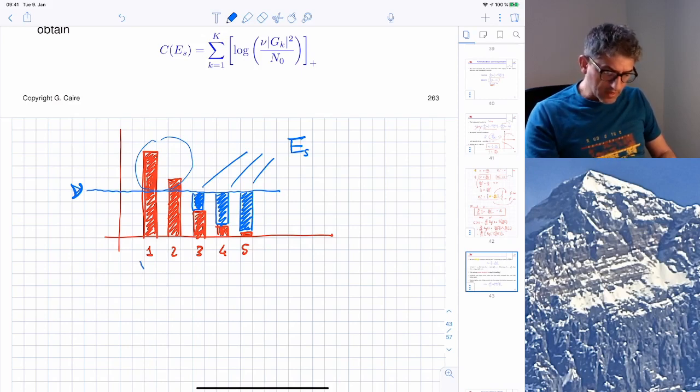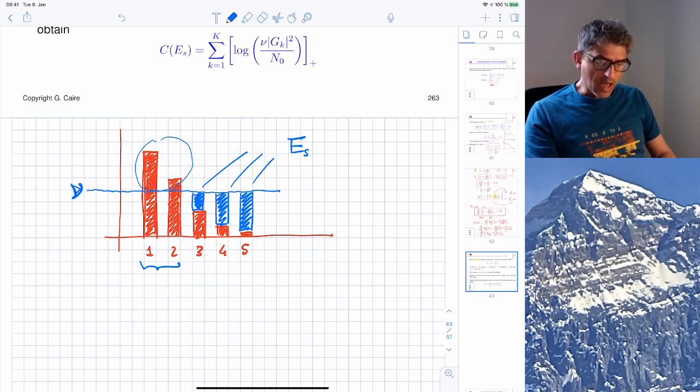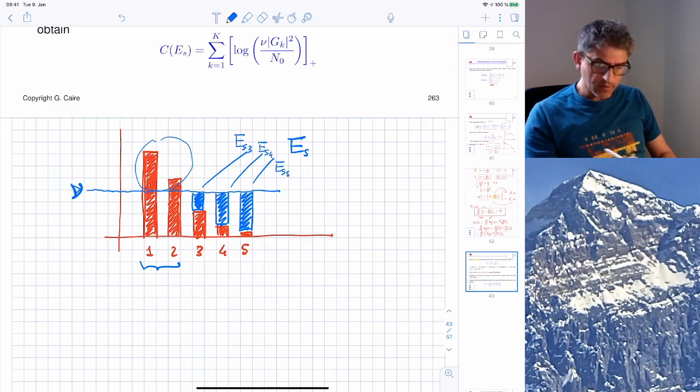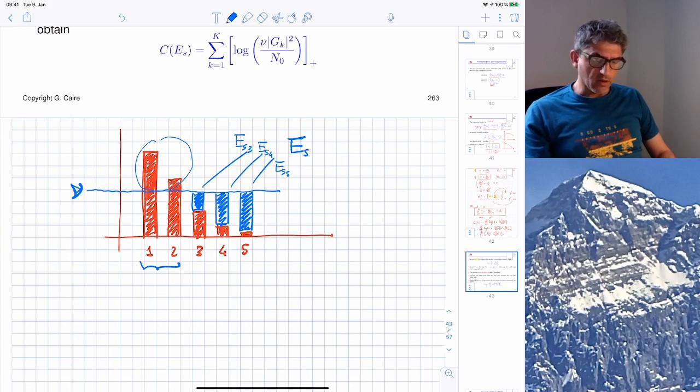It means in this case that channel 1 and 2 are too bad to deserve any energy allocation. And those blue levels here are ES3, ES4, and ES5. So this is the graphical interpretation of the equation we want to solve.